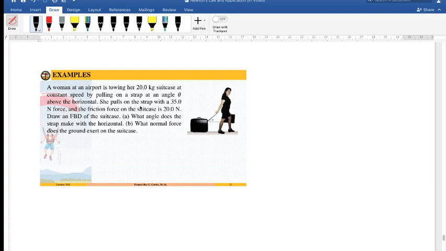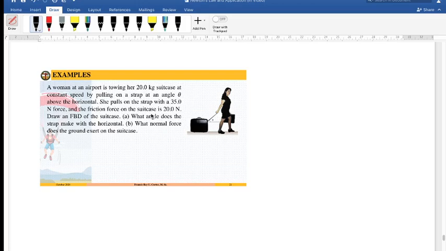She pulls on the strap with a 35 Newton force, and the friction force on the suitcase is 20 Newton. Don't mind the noise, because I don't have high-tech filters here. So draw the free body diagram of the suitcase.